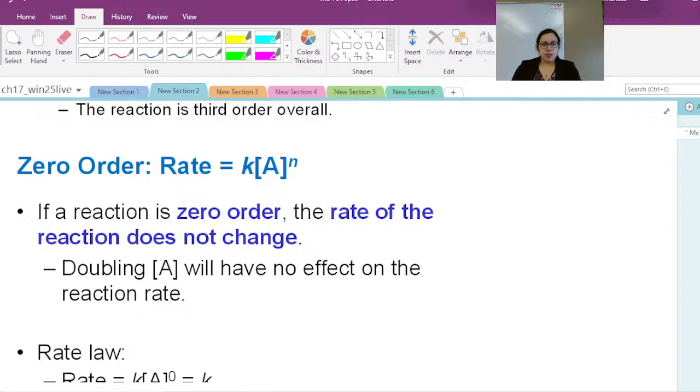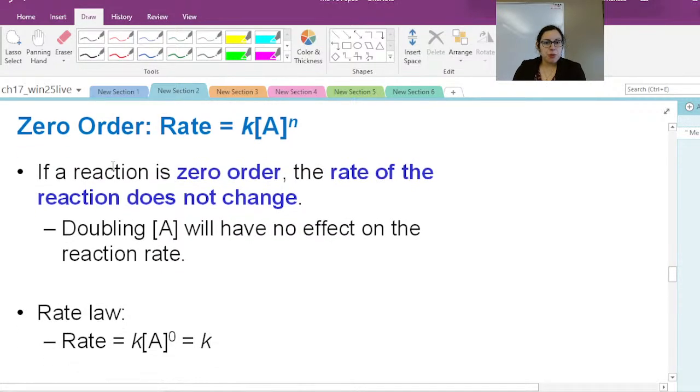Then we see the definitions of the different orders. We have zero order, and our rate is equal to K times the concentration of A to the N. This is just our generic rate. If it's 0, then it has no effect on our reaction rate.